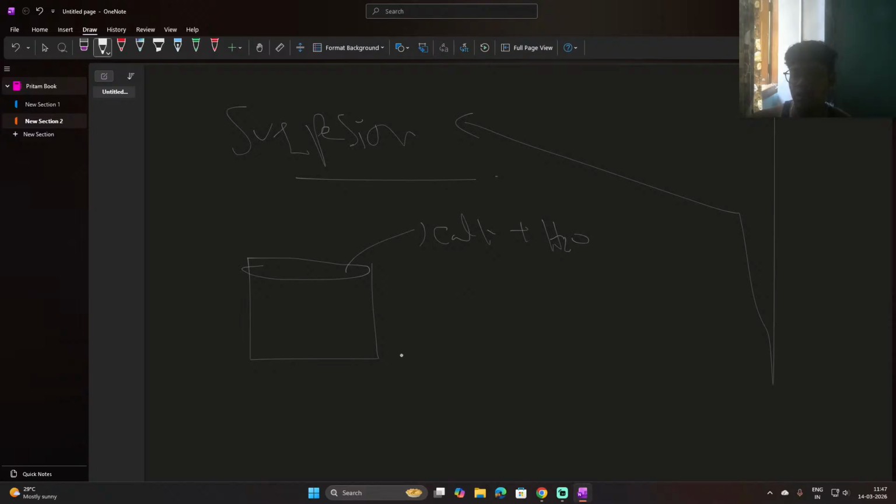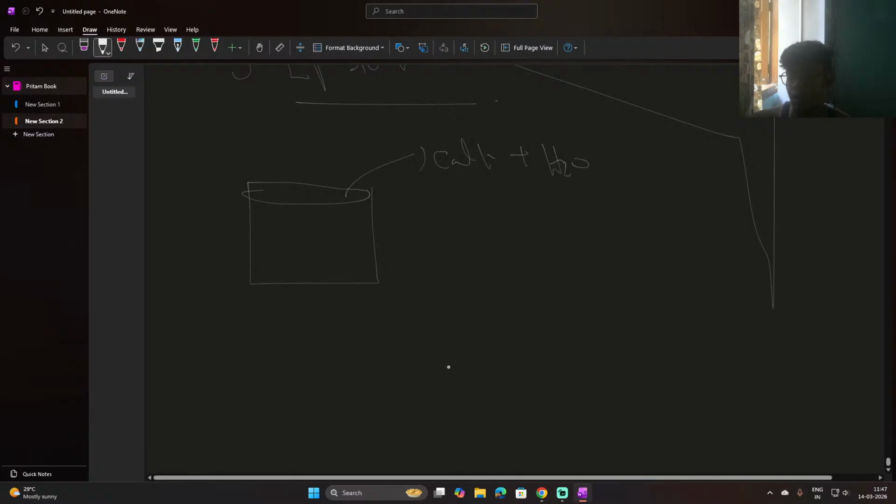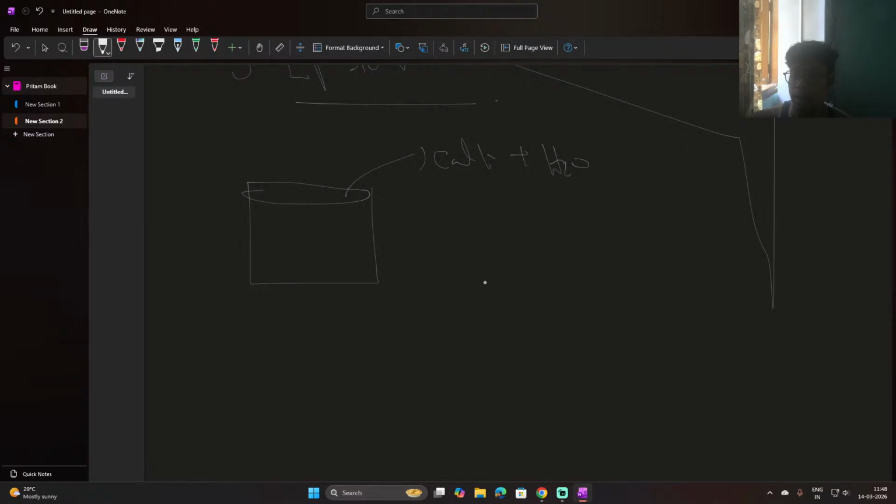This is called a suspension. We can see it with our naked eyes, and its particles are bigger than 1000 nm. That's why I call it a suspension. Got it?